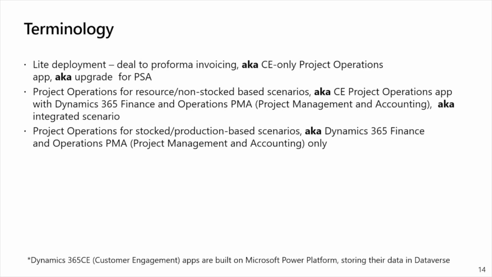The existing functionality that our customers are using within Dynamics 365 Finance for managing their projects is now covered under the project operations umbrella as well. Formerly, it was known as PMA, or the Project Management and Accounting module.